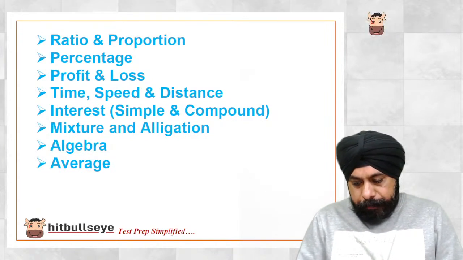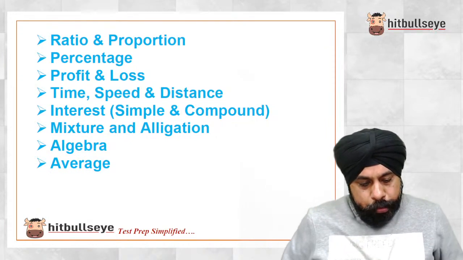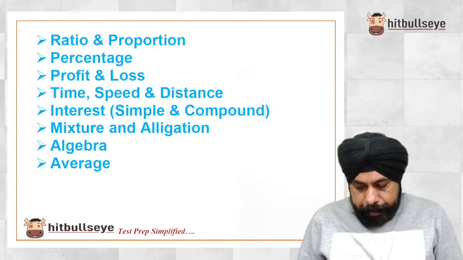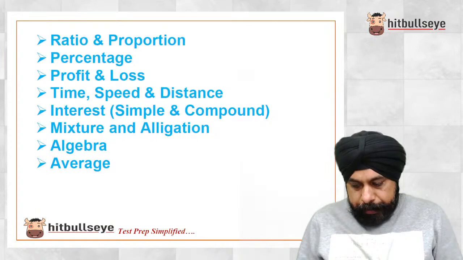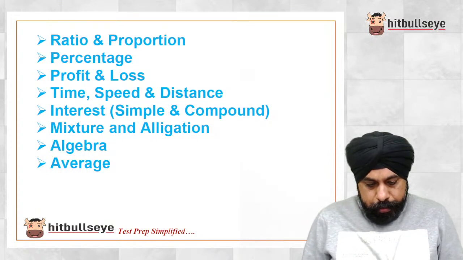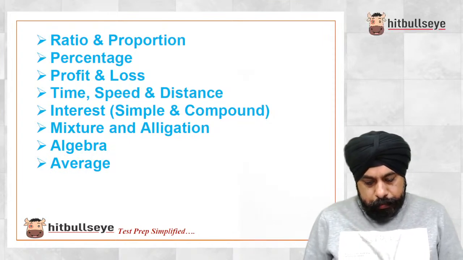The main areas from which the questions are there, they are from ratio and proportion, percentage, profit and loss, time, speed and distance, interest, both simple and compound, mixture and allegation, algebra and average.